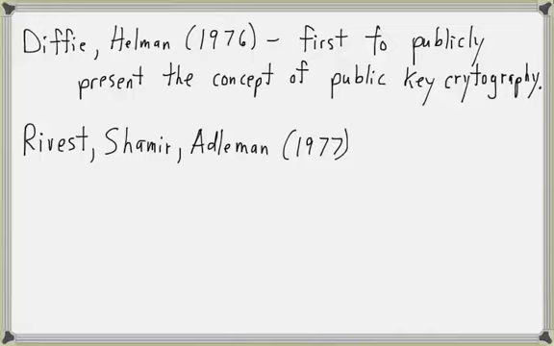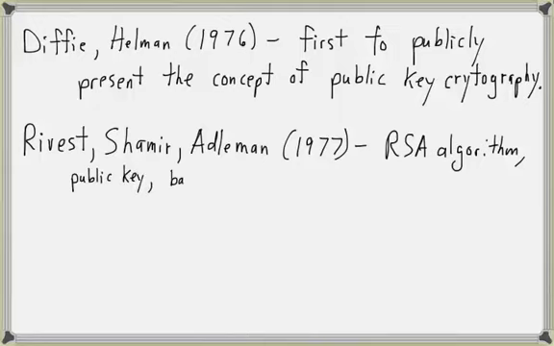It was based on the fact that it's hard to factor very large integers.